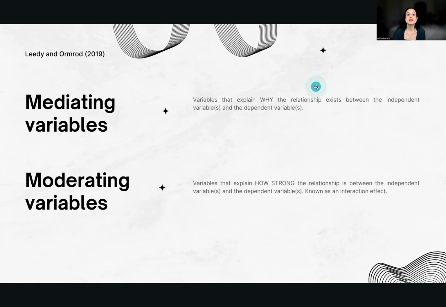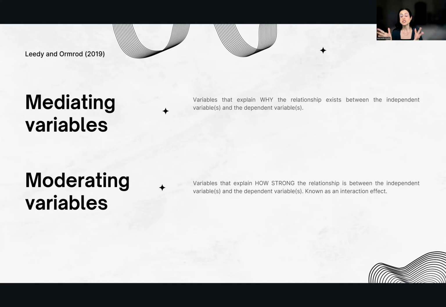Okay. And then finally, the last two things I want to share with you are mediating variables and moderating variables. Not going to spend a ton of time on this, but it is in chapter 2, so I do want to go through this. Oftentimes you'll have an independent variable, a dependent variable, and you may have a third or fourth variable in there.